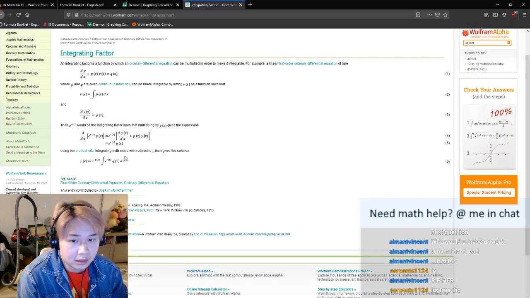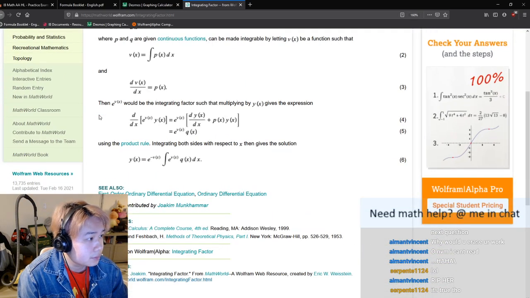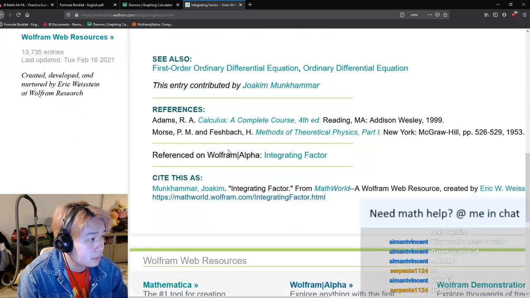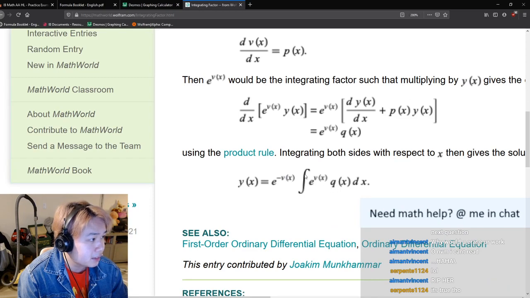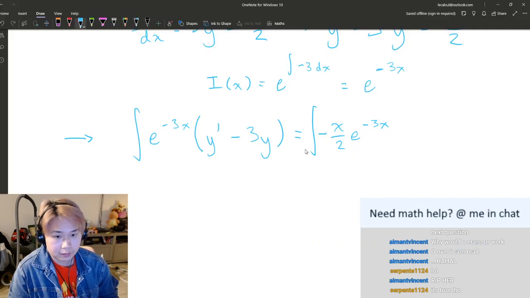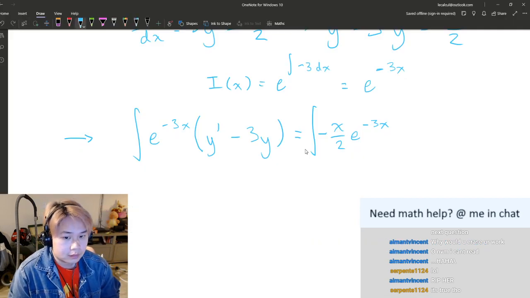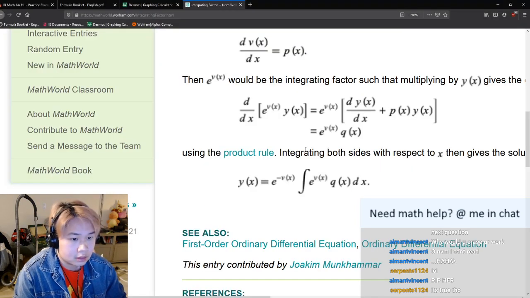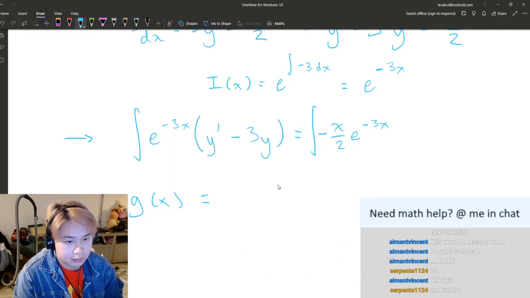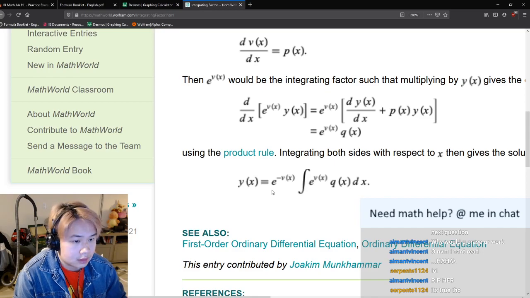Okay, let's see. So it says here if I integrate both sides, then I get this expression. So my function, which was g of x, is equal to the integral.